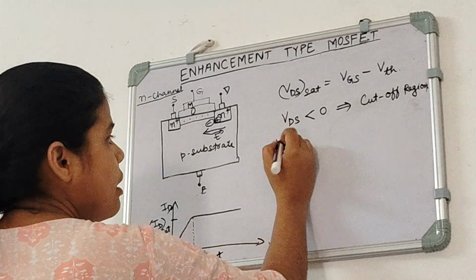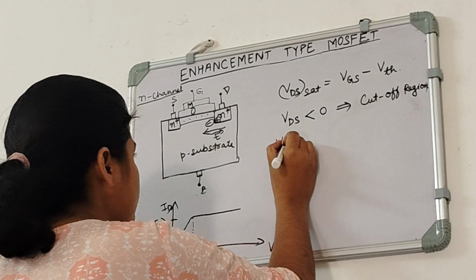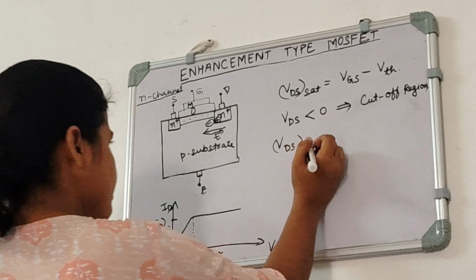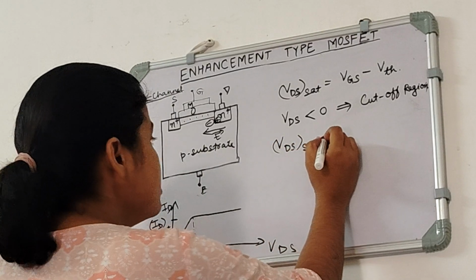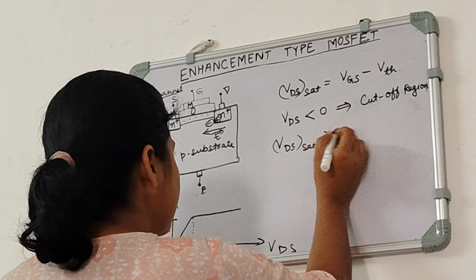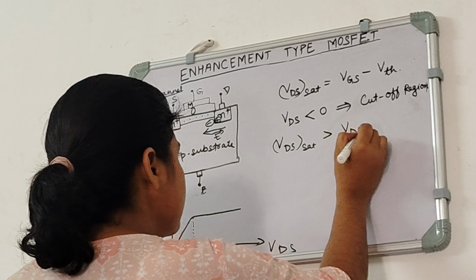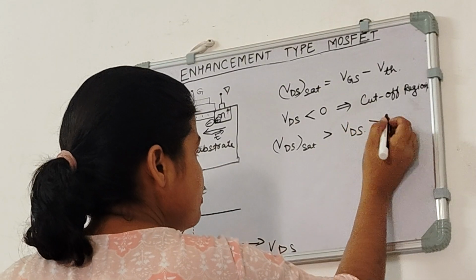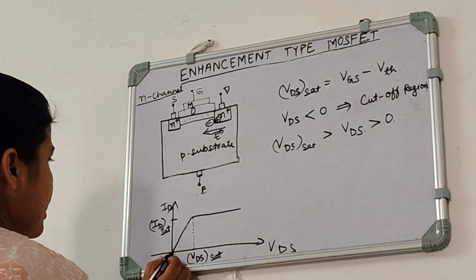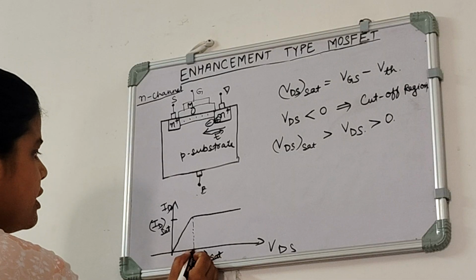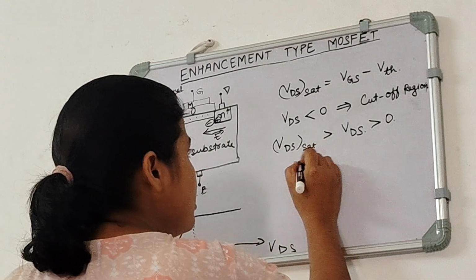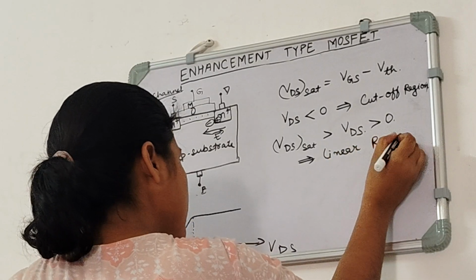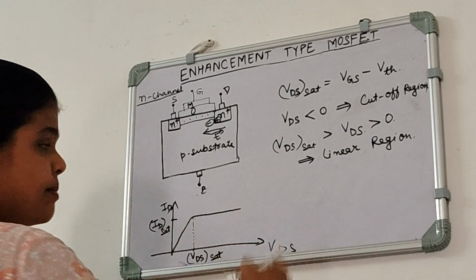When VDS sat is greater than VDS, that is in this region, and also this VDS is greater than 0, so from VDS equals 0 up to VDS equals VDS sat, our region is called linear region, because here we have a linear curve, that is a straight line.